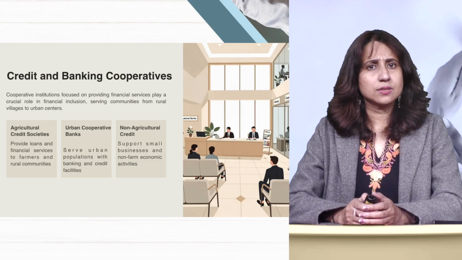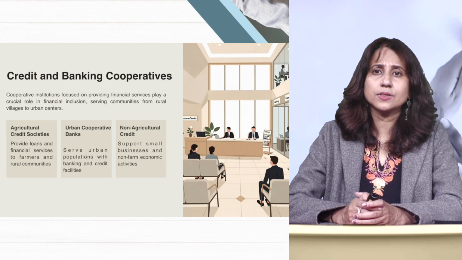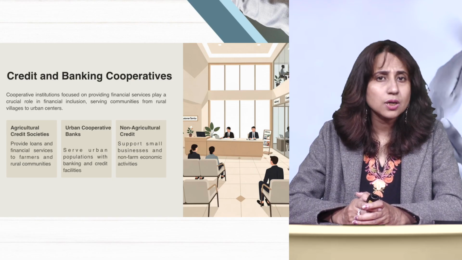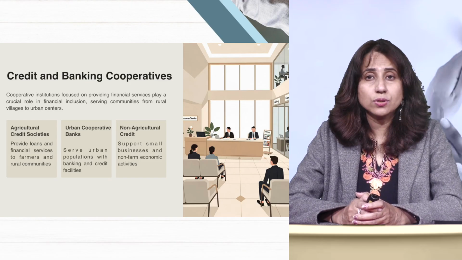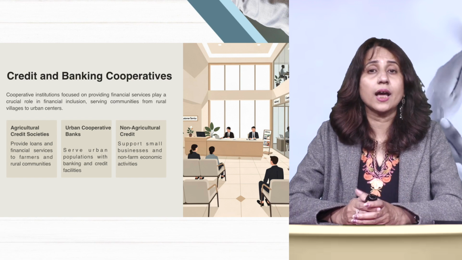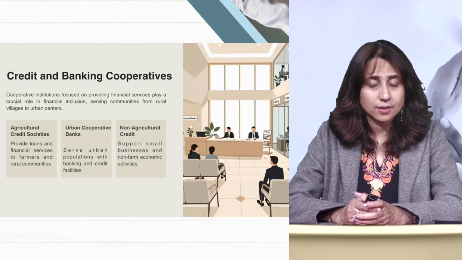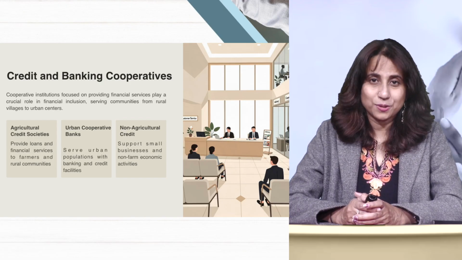So, what services they offer is comprehensive banking services, including savings and current accounts, fixed deposits, recurring deposits, various types of loans, that is personal, housing, vehicle or business, and remittance facilities, and increasingly digital banking services like internet banking, mobile banking, ATM services.